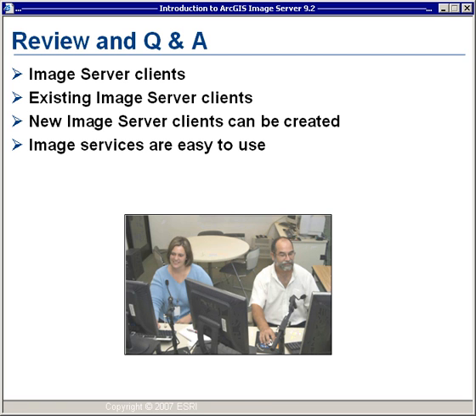In those cases, we also read the metadata files that come with those data sets. And also in an image service, you can have many different kinds of data. So you can have your ortho photos, you can have some satellite data, you can have some DEM data, you can have things at different resolutions.